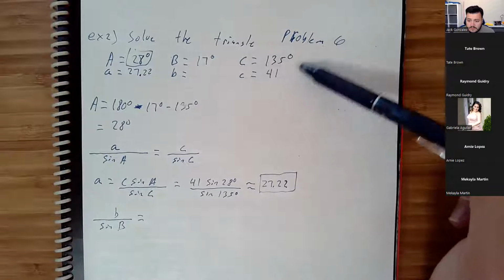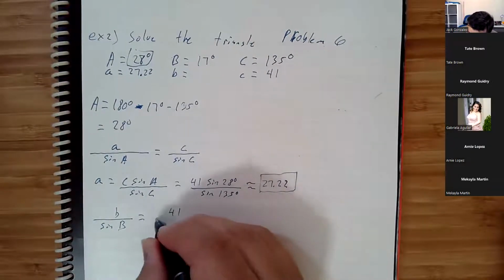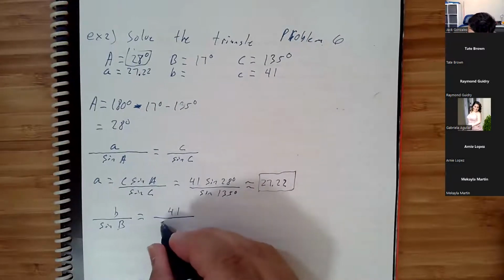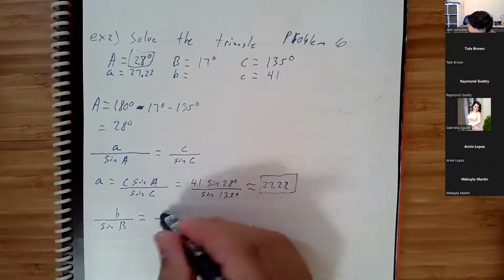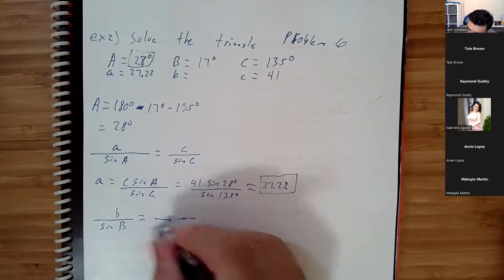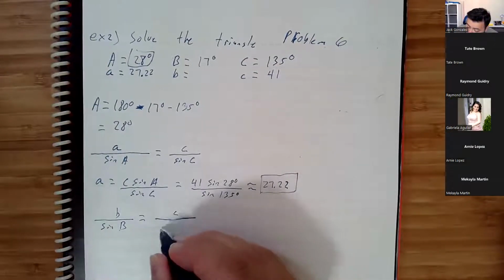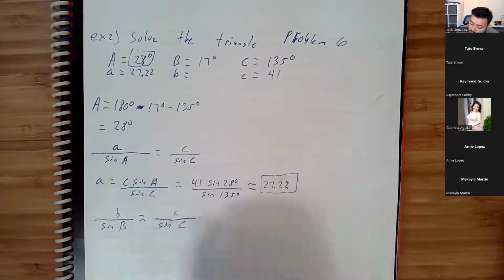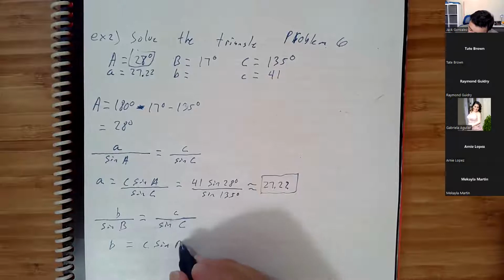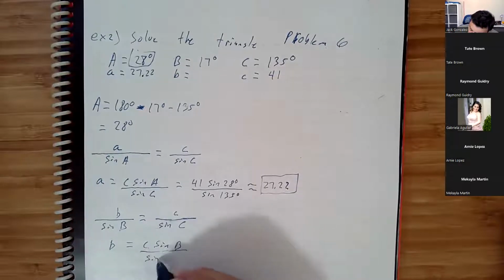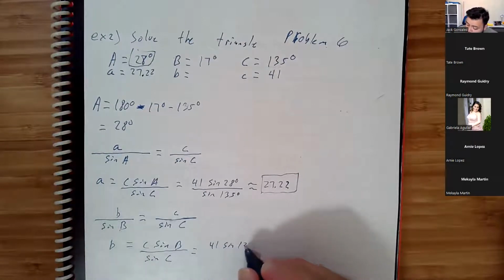But I know this is right, so that's why I keep using the same one. It doesn't matter though, but there's more accuracy here. C over sine C. Solve for b. That'll be c sine B over sine C, which is 41 sine of 17 over sine of 135.